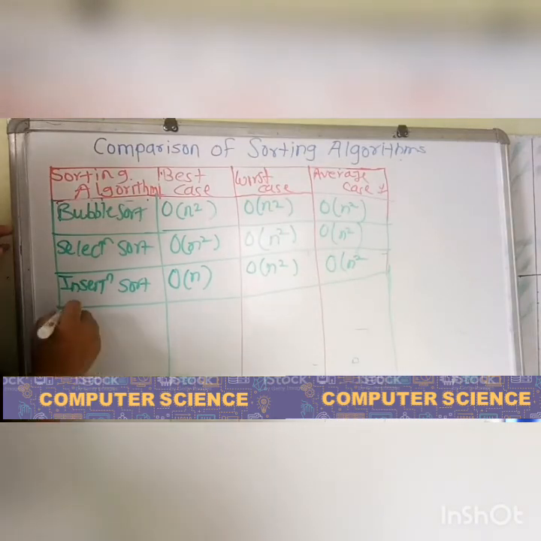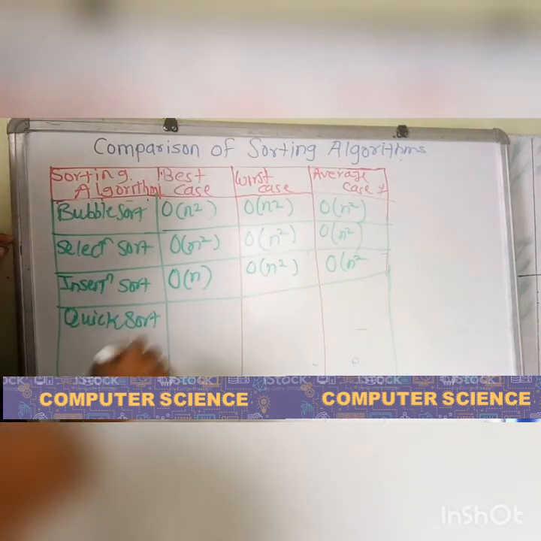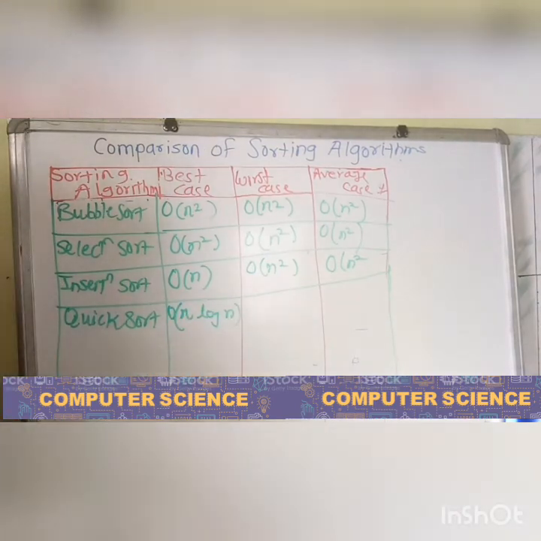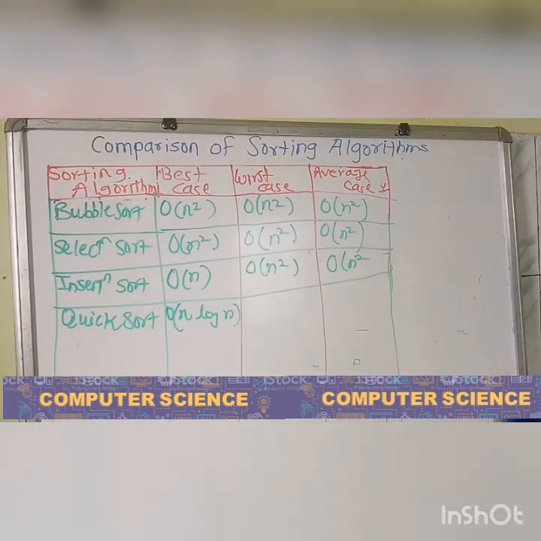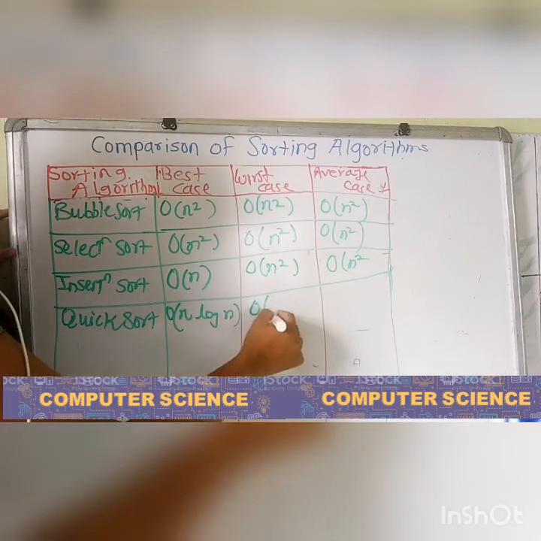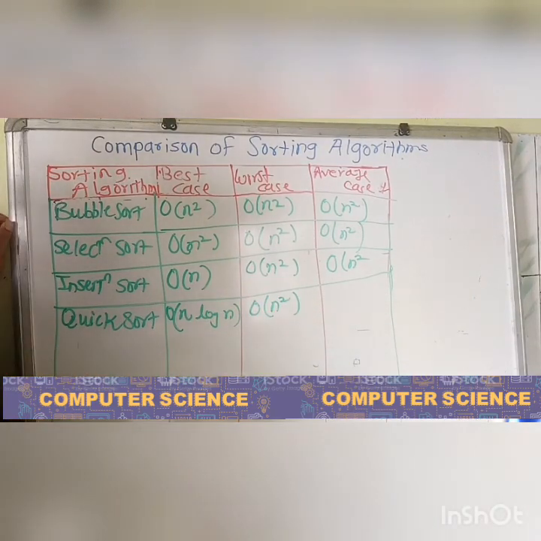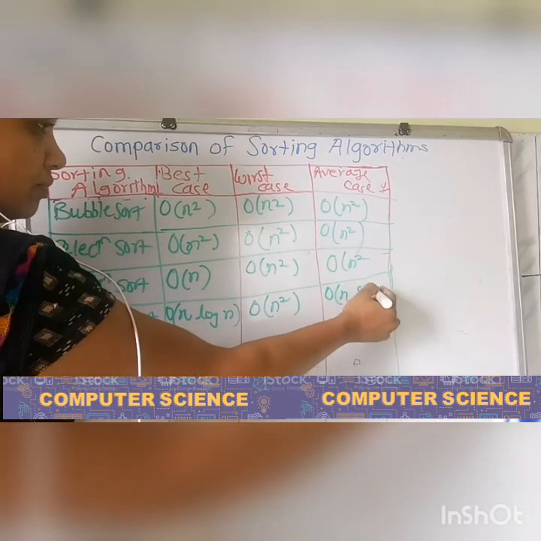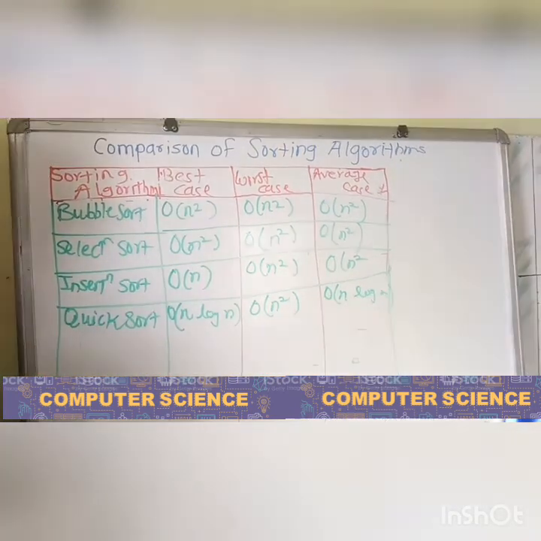Next, for the quick sort, as it has two different cases, for the base case normally it will require big O of n log n comparisons. For the worst case it will require big O of n square comparisons, and for the average case it will again come to big O of n log n comparisons.